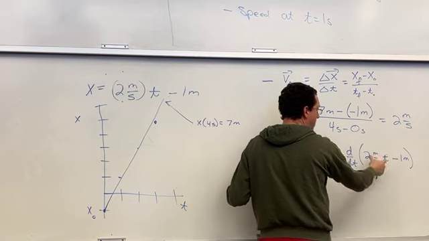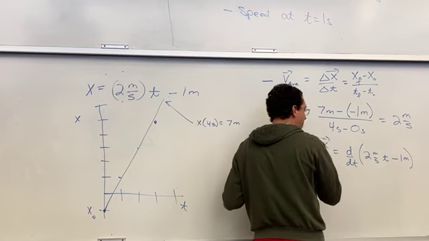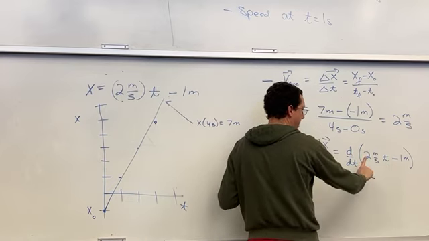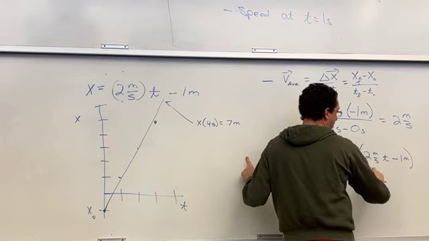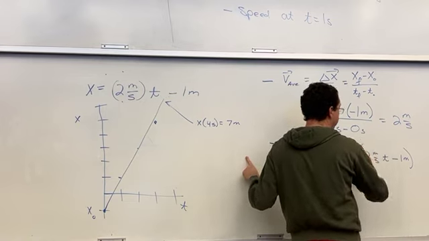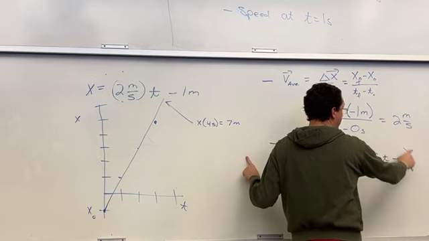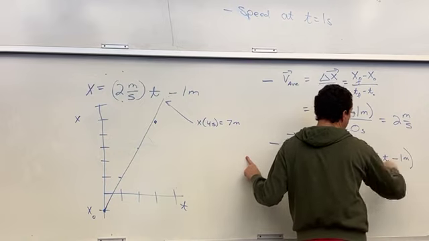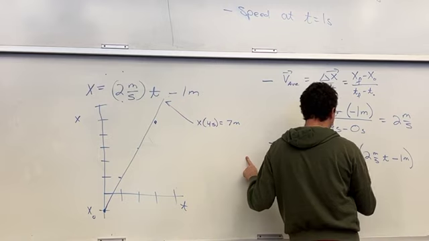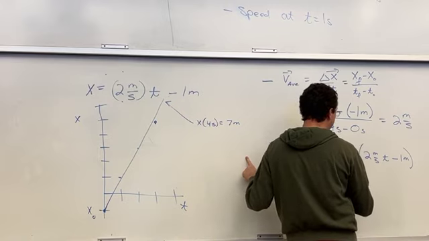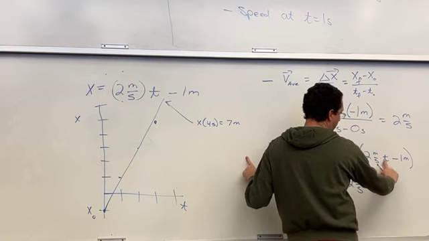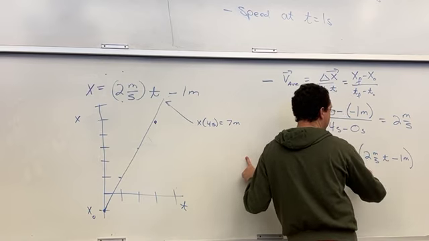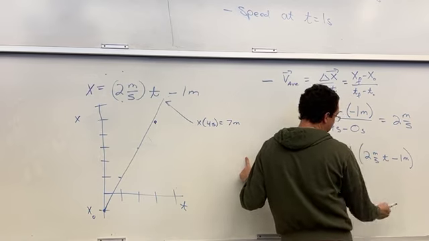This 2, I know it has units, but it's a constant. It passes through the derivative, there's no effect. So the derivative only hits the time here. And then, I should have also said, the derivative of the sum is the sum of derivatives. When I take the derivative of -1 meter, that's 0 because it's constant. And when I take the derivative of t with respect to t, you get 1. So this, in fact, is nothing other than 2 meters per second.